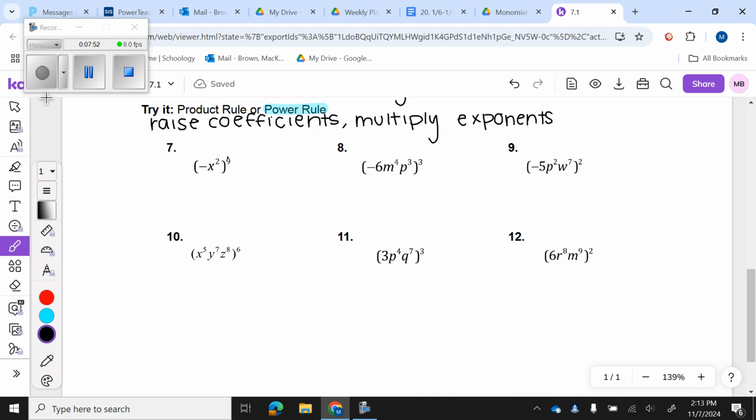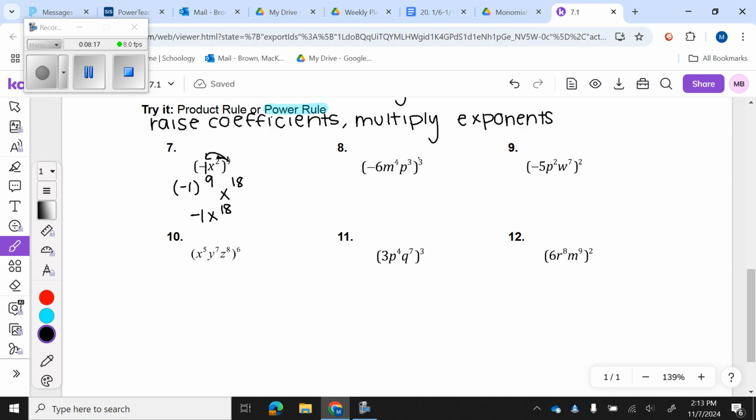You have to be careful here because this is really a negative hanging out. You need to make that a negative 1. So we're going to distribute that exponent. I'm going to have negative 1 to the 9th, and then x to the 9 times 2, that is 18. In your calculator, make sure you put parentheses around it. Negative 1 to the 9th is going to be a negative 1 x to the 18th.